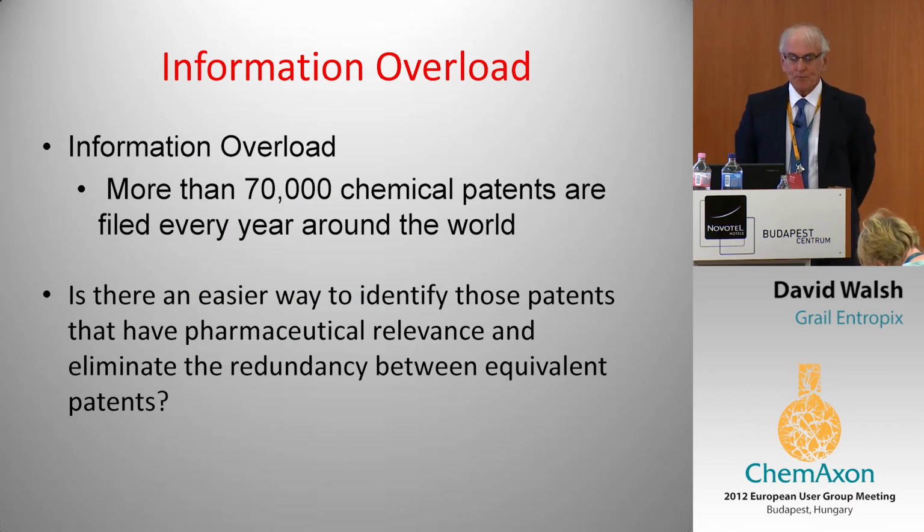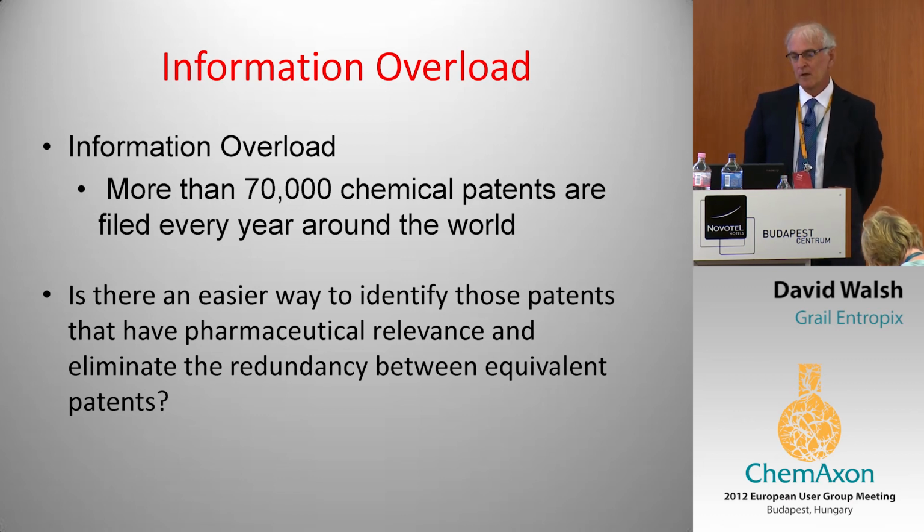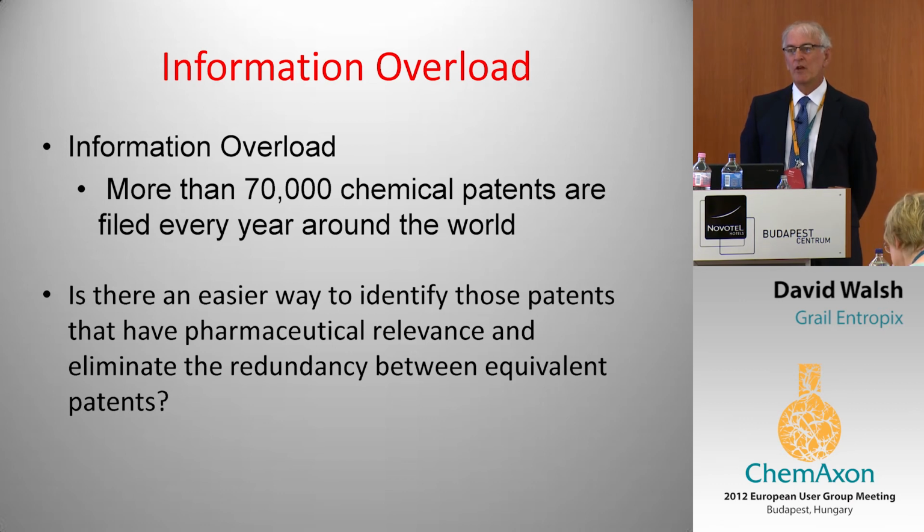Information overload. Right, we've mentioned probably large numbers of different patents which are produced all around the world every year. There may well be 70,000 chemical patents. How many pharmaceutical patents are there? We do have this problem that a large number of patents from a large number of different patent offices eventually describe the same thing.